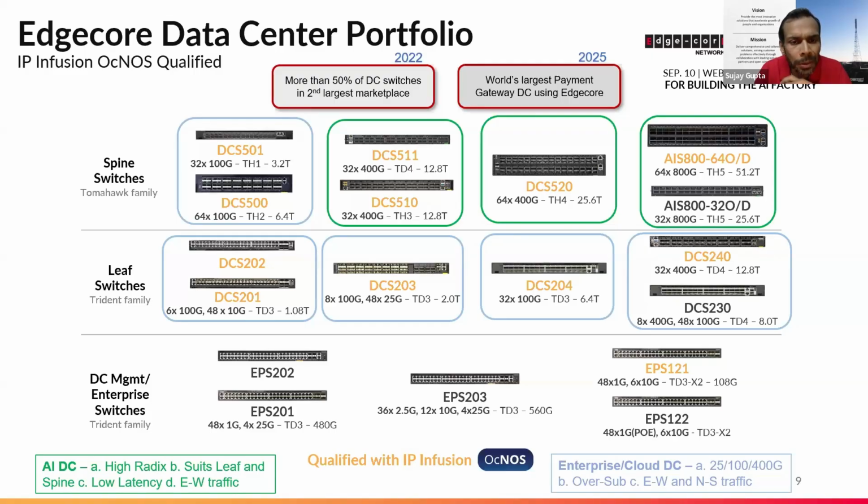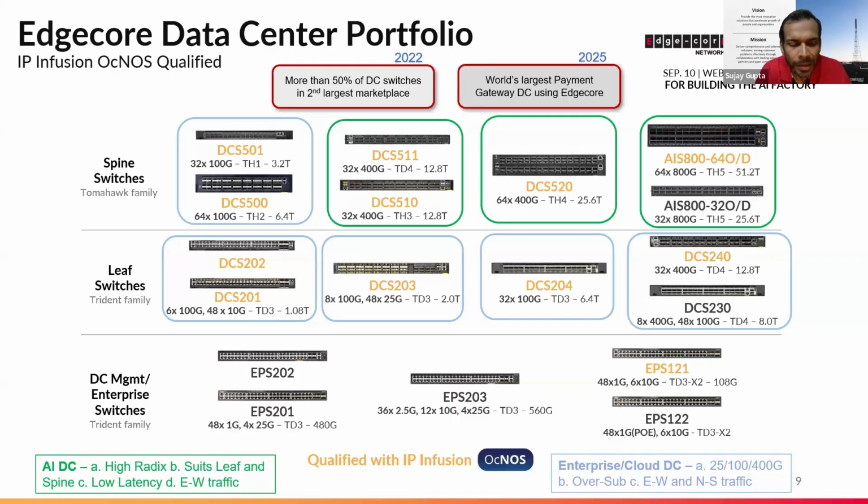But then if you come down to the different kinds of products we have, there are a lot of products over here, right? We wanted to give you a little bit of a summary as to what is what. The ones marked in green, on the bottom left-hand side, are essentially designed for AI data centers. The essence of these switches is that they have high radix.